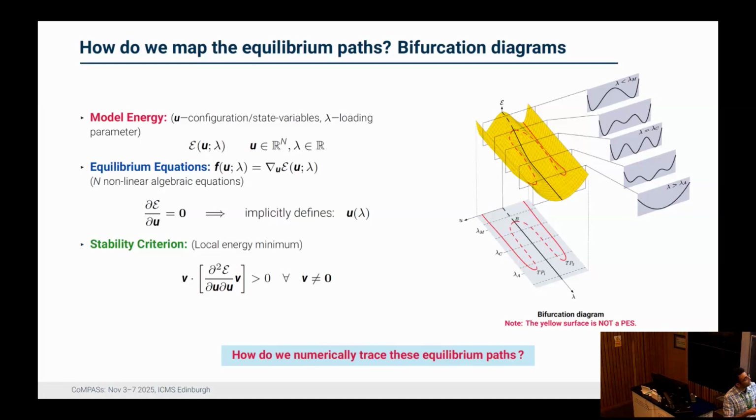They kind of turn this way, and then when this becomes stable, they are in thick lines, not dashed anymore. So this is actually an equilibrium path, and this is a bifurcation diagram.